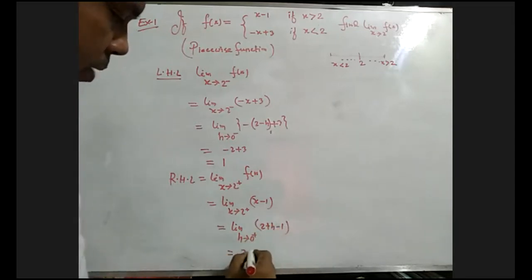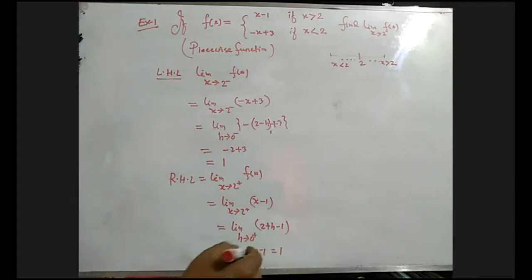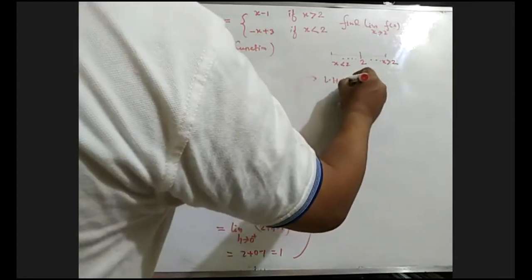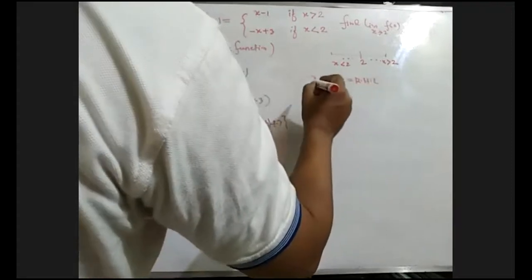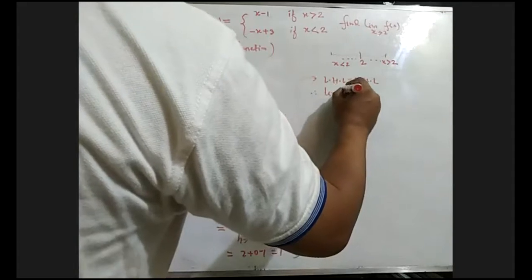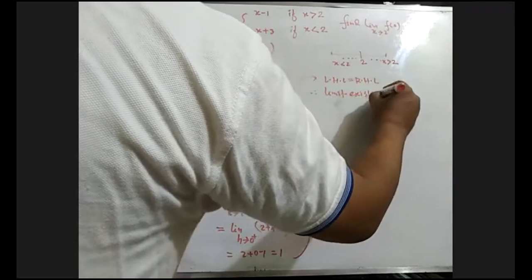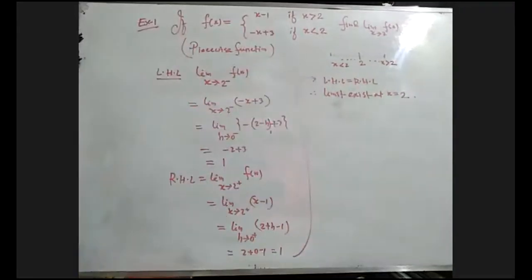So 2 plus 0 minus 1, that means 1. Since the left hand limit equals the right hand limit, therefore the limit exists at x equals 2. Remember it.